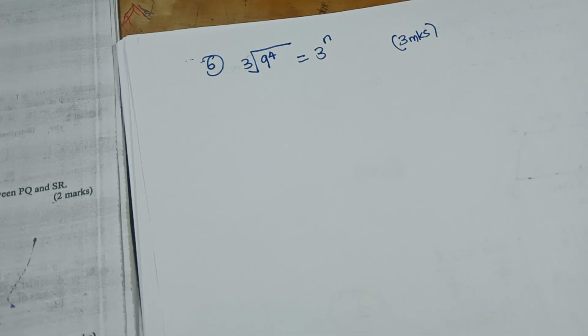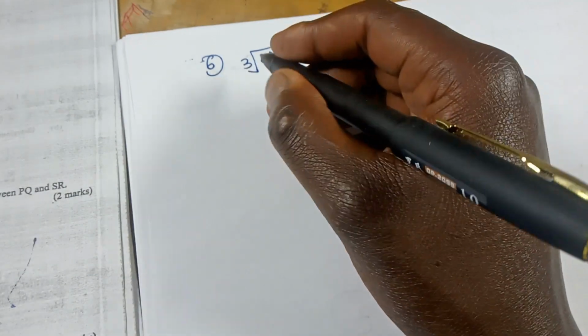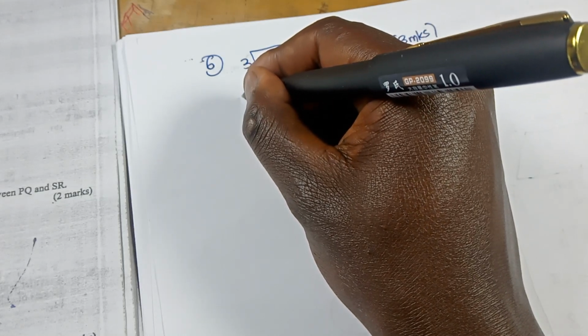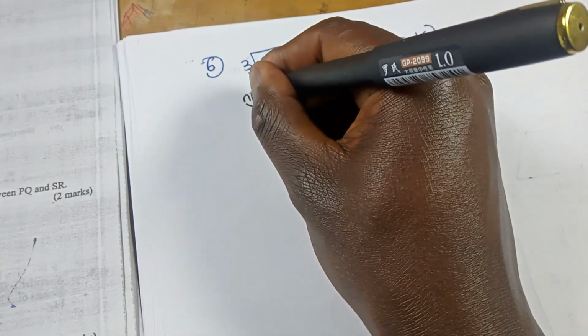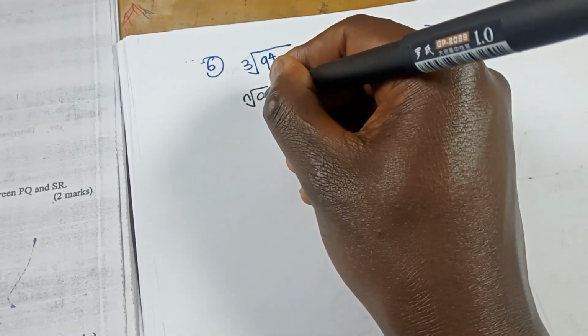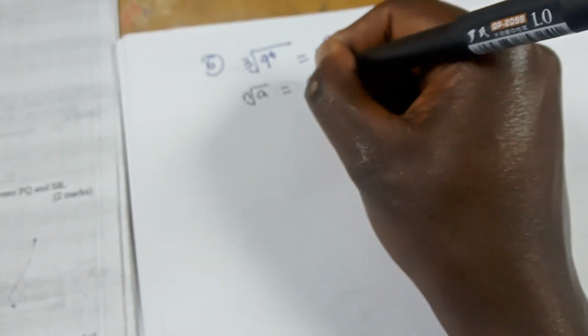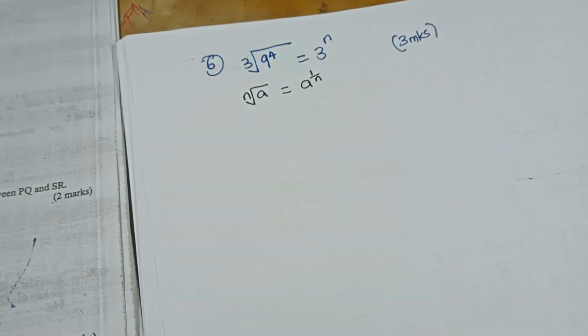So what we need to understand is that nth root of a is the same as a to power 1 over n.